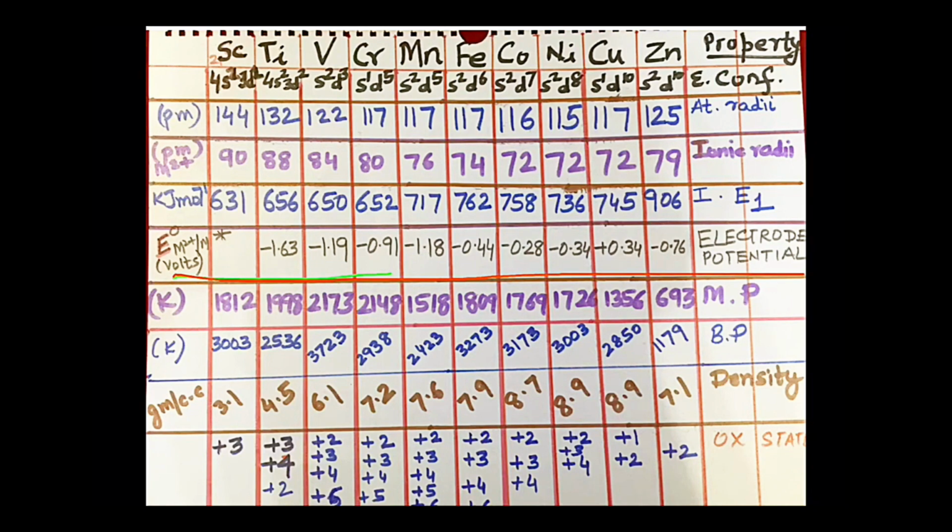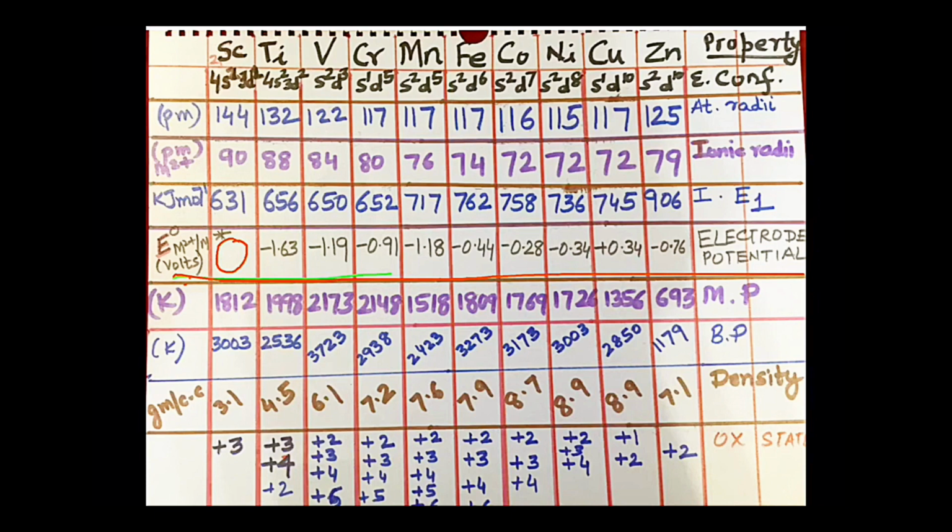Now because we are talking about the reduction potential M2 positive M, that means of a divalent ion and the metal combination, so the metal showing an oxidation state of +2. We are not talking about scandium over here. Can you recall why? Because scandium does not show the +2 oxidation state, right? We have already discussed this. Now go on to the other elements.